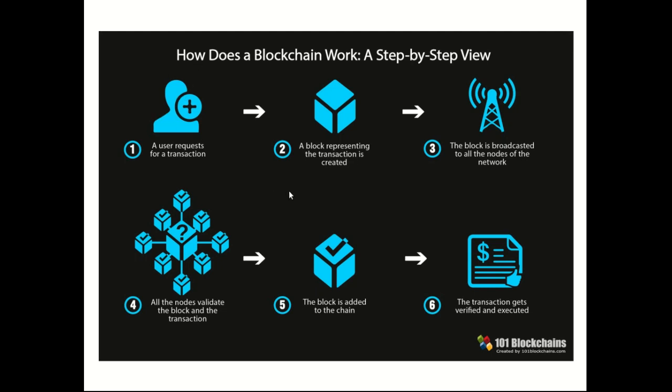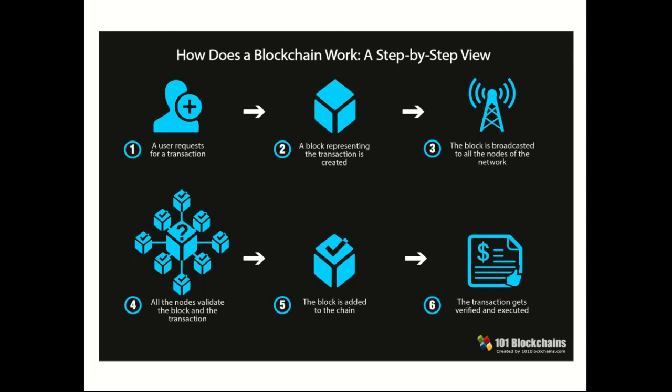Now, this request is then represented by a transaction on the actual blockchain itself. This block is then broadcasted via nodes on the network, and then through a process of mining, nodes validate the block and transactions before the block is actually written or created onto the chain of blocks.